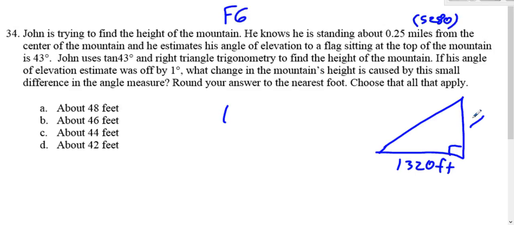So he's standing 1,320 feet away from the mountain. We're trying to estimate the height if it was a 43-degree angle. So that would be tangent of 43 degrees equals opposite over adjacent, x over 1320.